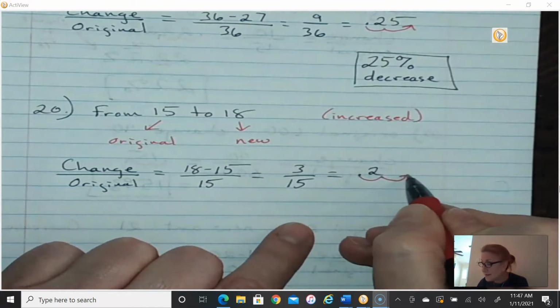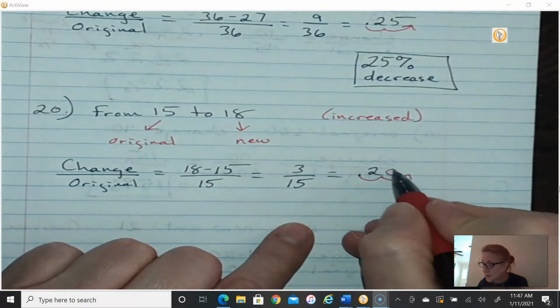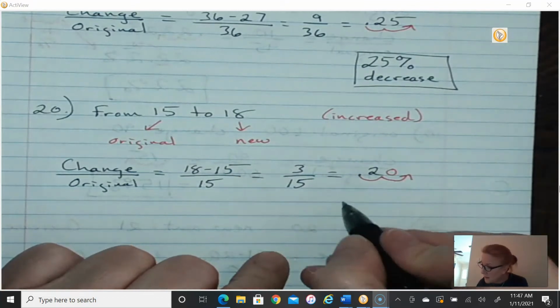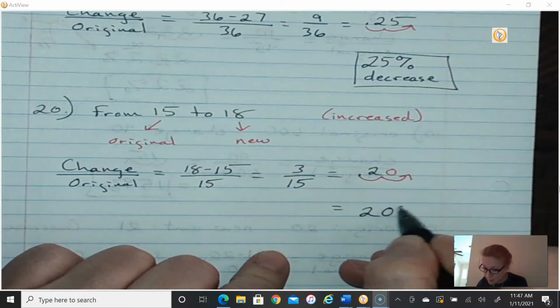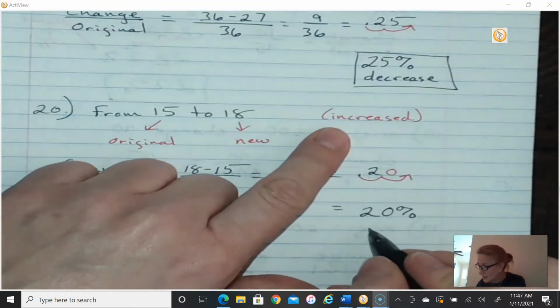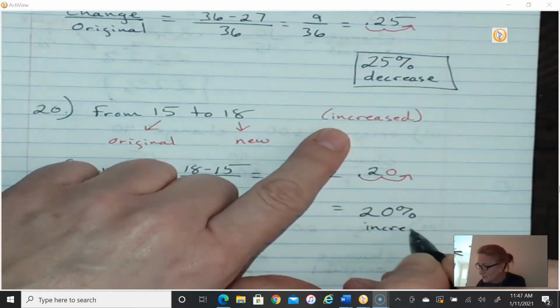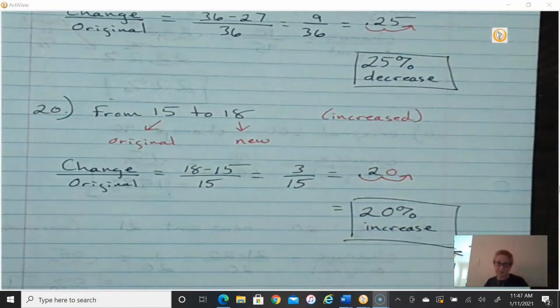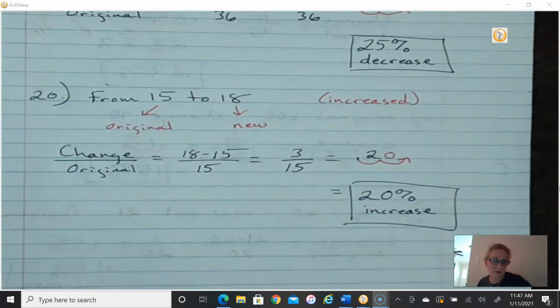Move it 2 places to the right. Guys, you better put that 0 in there. And you get 20% increase. There's your answer. That's all you have to do. Any questions? Ask your substitute there.